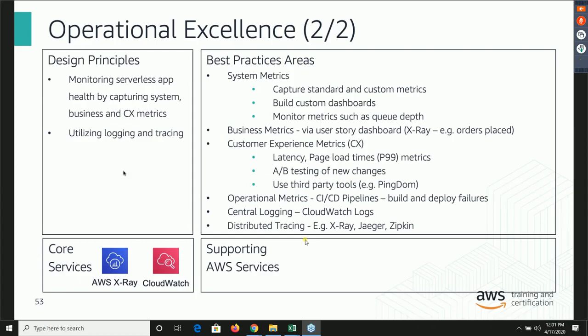From a business metric perspective, you can also build story dashboards. So, for example, if you have a set of services that get invoked in sequence for a certain workflow, for example, placing an order, you not only want to look at system metrics, you also want to be able to say, what is the health of my workflow?